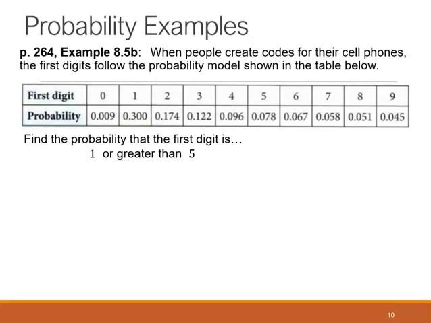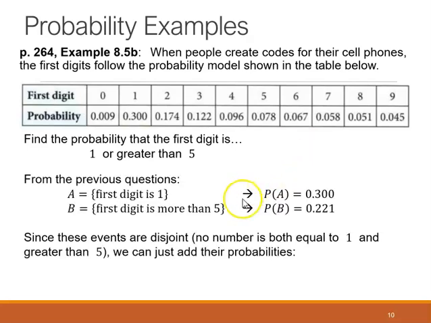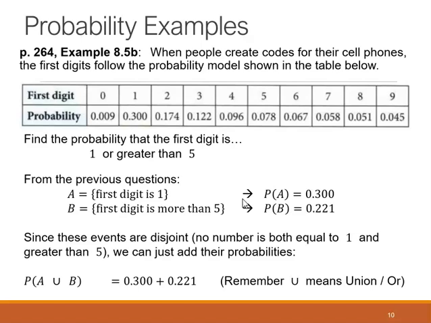None of those are the same. This is mutually exclusive. So we can just take the probability of A plus the probability of B and write it as 0.51. Does that feel okay?